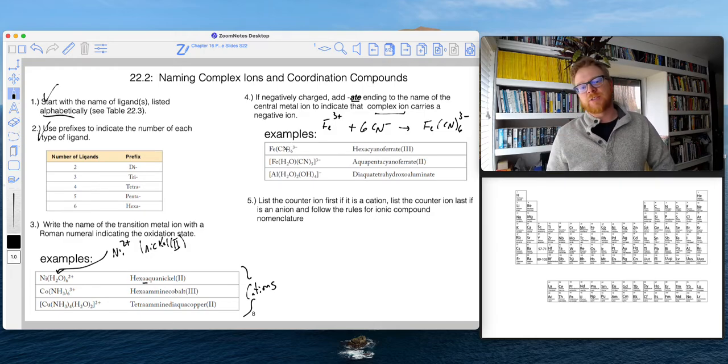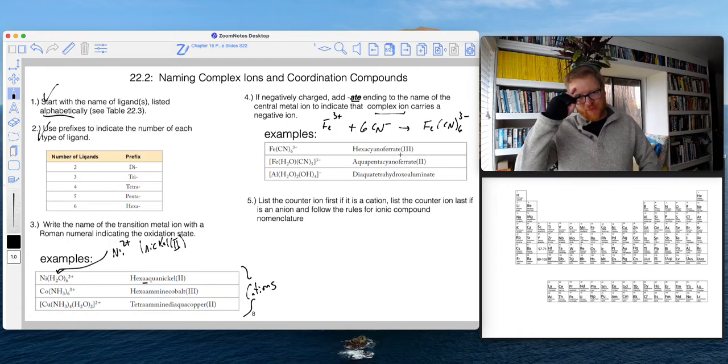We have to deduce that it's iron 3 plus because we know that with 6 cyanides being 1 minus each, that's 6 total minus, the entire complex ion carries a negative 3 charge, so we had to have an iron 3 as the central metal. Okay, so that's going to go hexa, cyano, and then now the iron becomes ferrate.